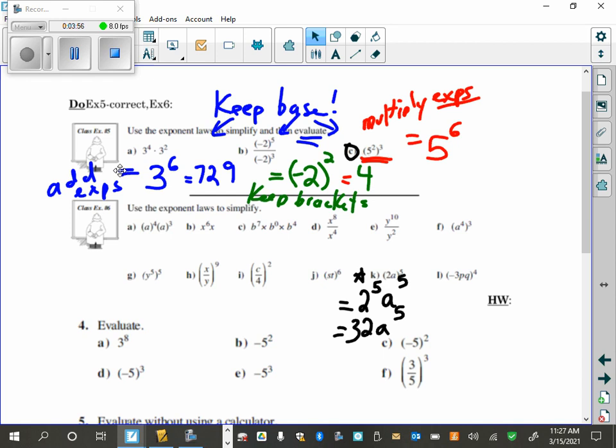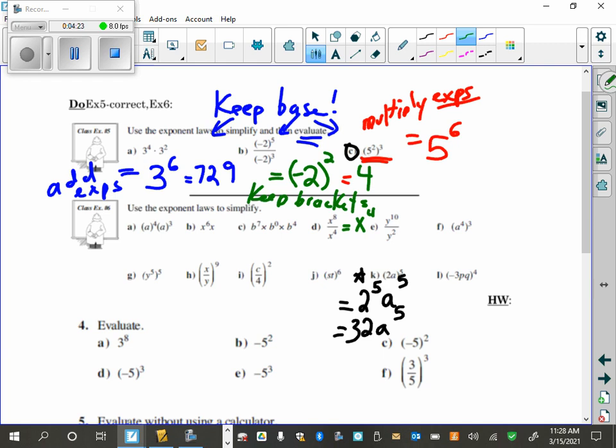Of course, you never, ever, ever divide exponents. Ever. Okay, so this one, you don't divide exponents. That's a bad one. You subtract them. Okay, so don't put x squared there. Never divide exponents.